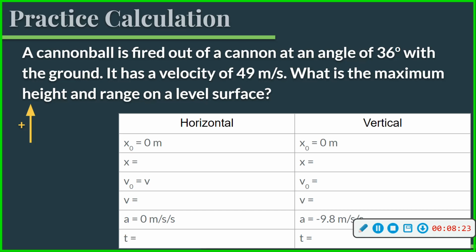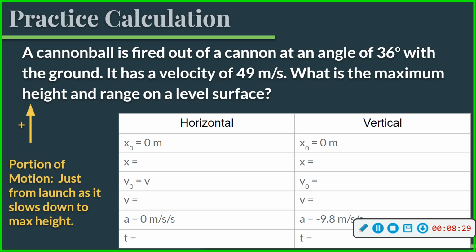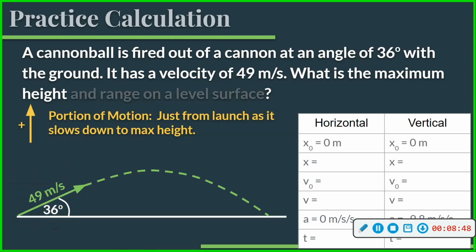So, start breaking the problem down. We need to look at our positive directions. So we've got the gold arrow pointing up there is positive. Right? We're just going to look at this initially from launch to maximum height. Okay? Which means we're going to need some more information in the vertical direction. But if we're going to max height, what's our velocity going to be then? 0. Excellent.